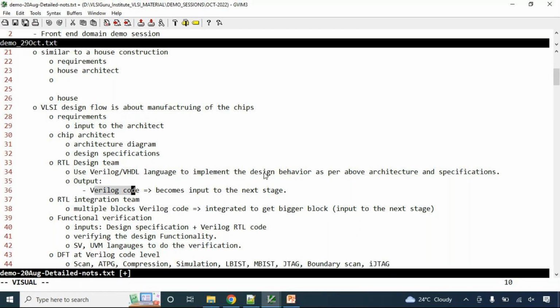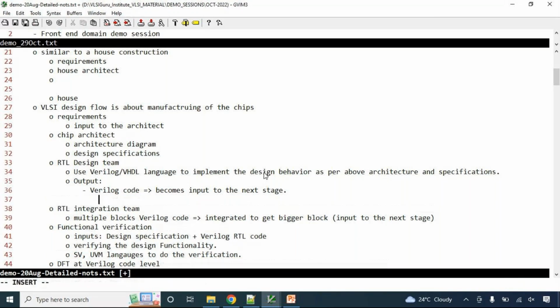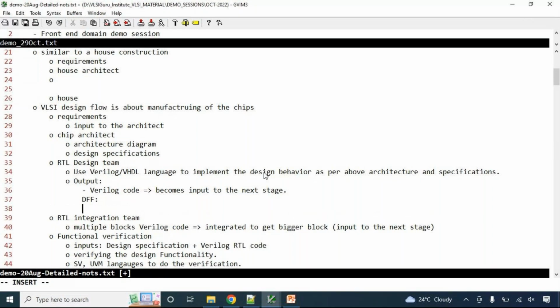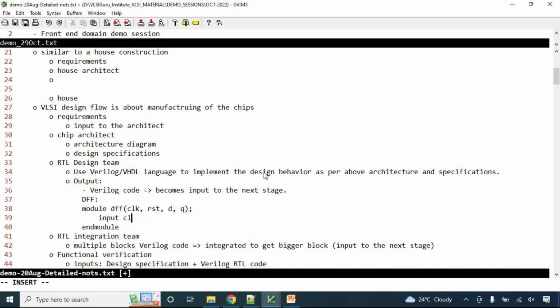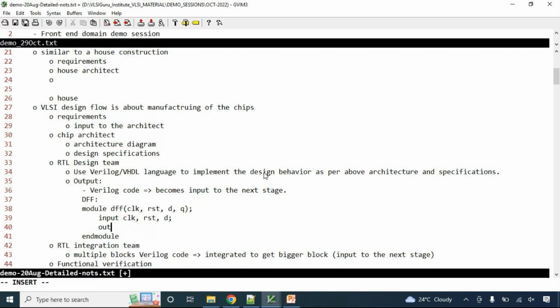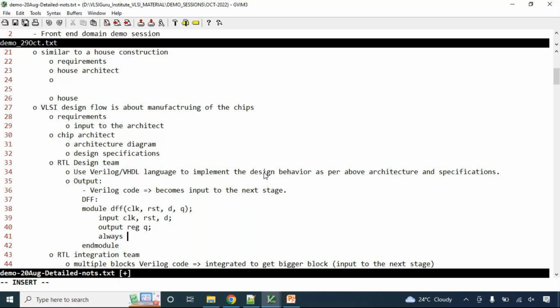What do you mean by that? I'll just give you one example. What do you mean by Verilog code functioning like that? If I tell you I have a D flip flop, you all know what a D flip flop is, right? It has a clock, reset and D input, and the output is Q. So I will write module D flip flop, clock, reset, D, Q, end module, input clock, reset and D, output reg Q. I'll write always at positive edge of clock.